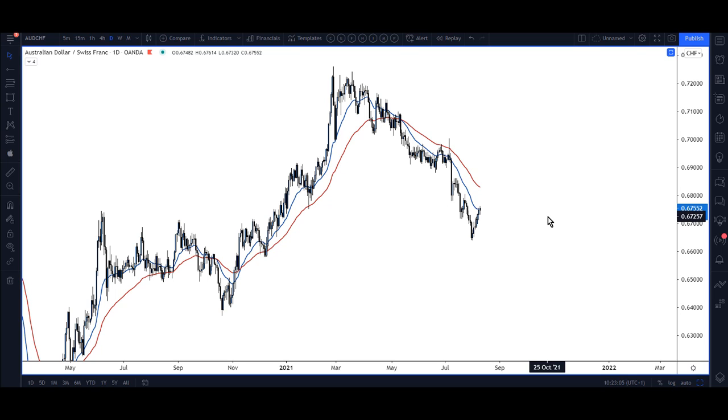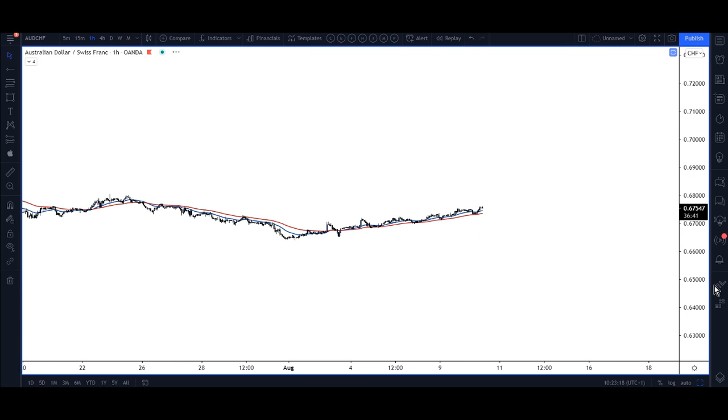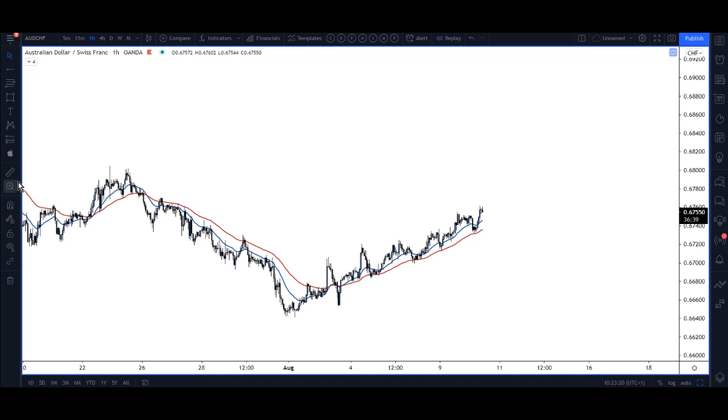So I like the idea of selling Aussie. The problem is that Swiss franc yesterday was very weak, and we're still seeing some of that follow through today. So we'll see what happens. I'm going to keep monitoring and see if we get that change of cycle.